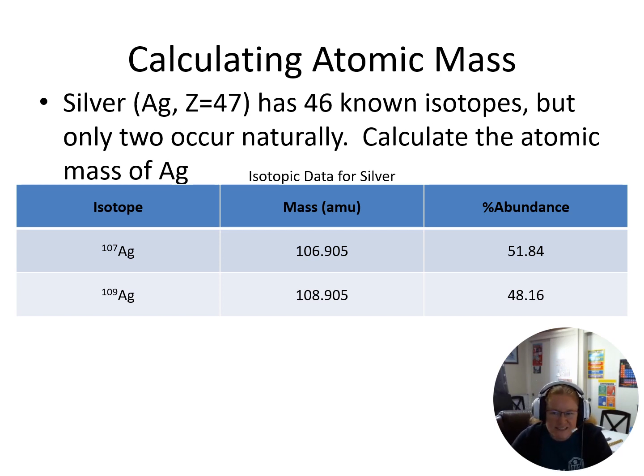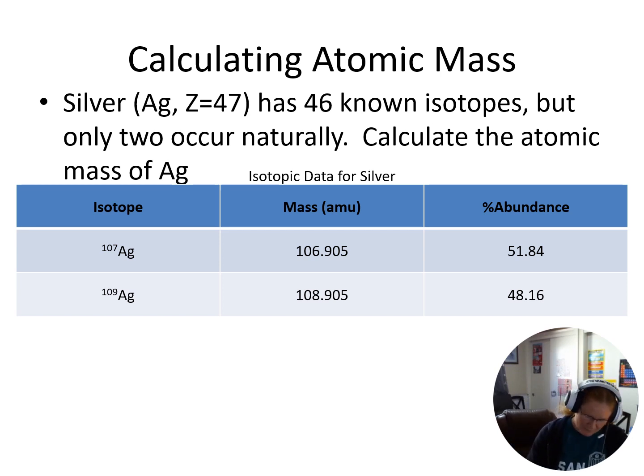If I took a simple average of these, I'd get 108. But my percent abundance, while close to 50-50, isn't quite. It's 51.84% silver 107. So when I calculate this, I should have an average weighted mass slightly closer to 107 than to 109, because a little bit more of this weighs 107 than 109.